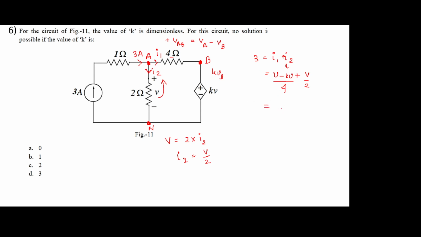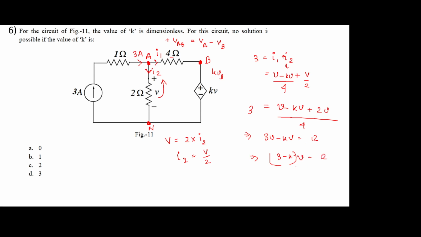So if we simplify this, it is V minus KV plus, we take the LCM, so it will be 2V is equal to 3. Let's simplify this. It is 3V minus KV equal to 12. So it is 3 minus K times V equal to 12.